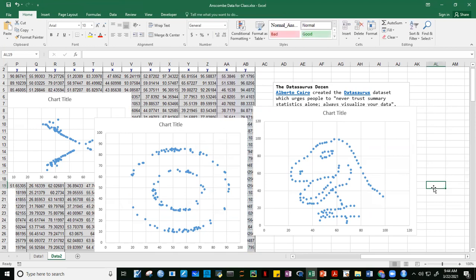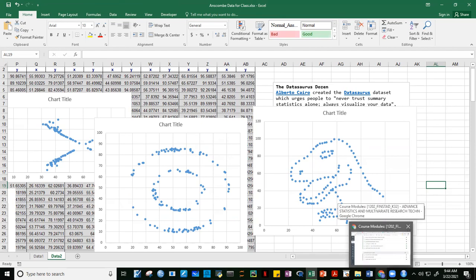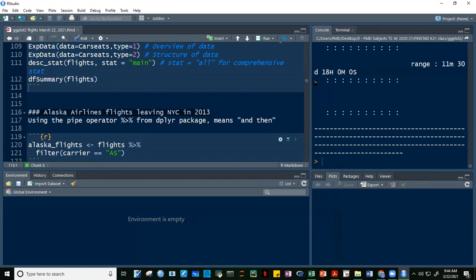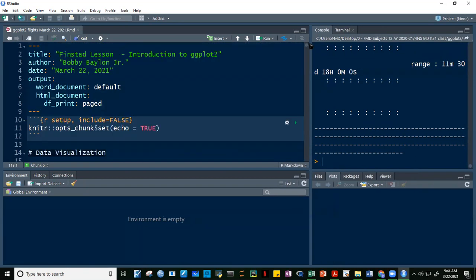Okay, so I hope this is a good introduction on the importance of data visualization. So in the next few sessions, we're going to make use of R, of course, and a very powerful package called ggplot2 in studying data visualization.